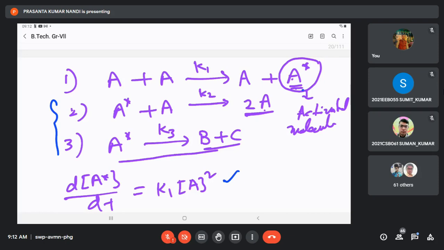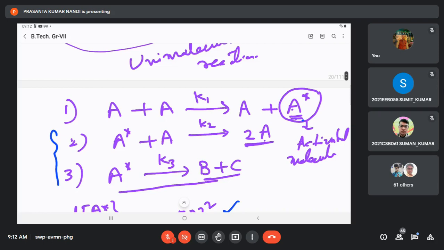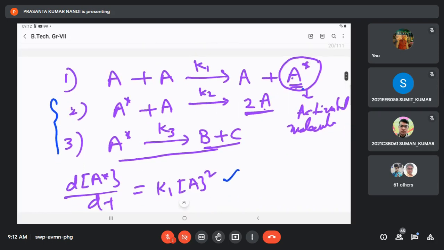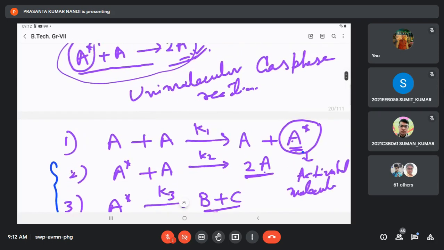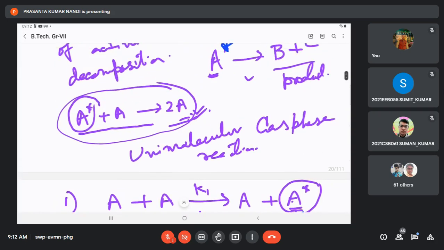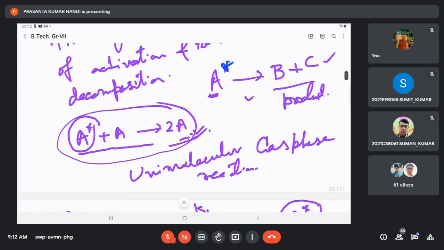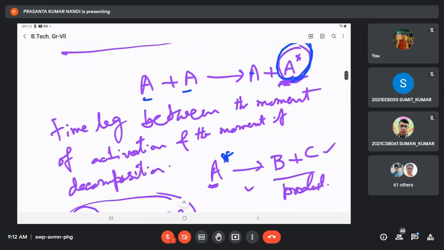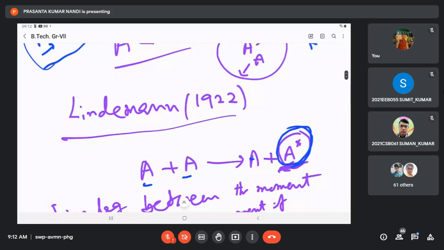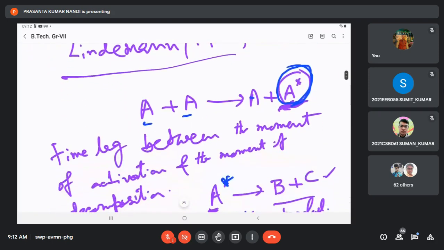Now before going to the kinetics, we'll discuss how we consider this mechanism. That is very important. Suppose two molecules collide.